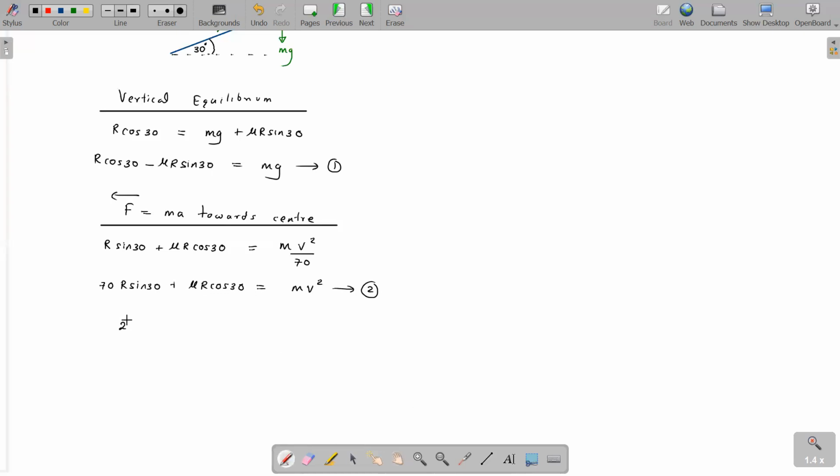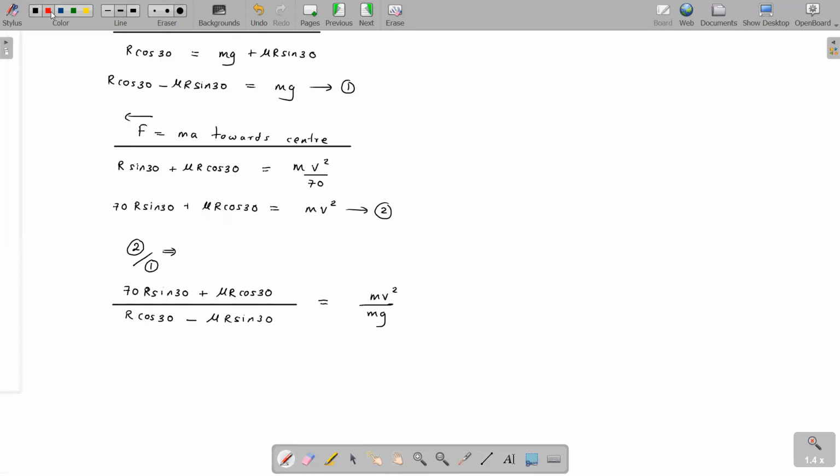I'll be dividing equation 2 by equation 1. So 70 R sine 30 plus mu R cos 30, divided by R cos 30 minus mu R sine 30, equals m v squared over mg. Second equation divided by first.